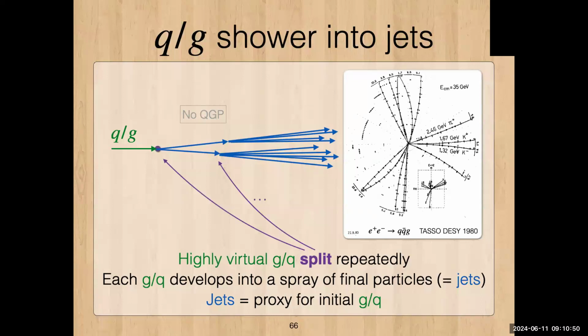This spray of particles is what we call a jet. Experimentally, jets are essentially a proxy for the initial particle. When we see a tightly packed jet, we know there was probably a quark in the beginning, and we can use this group to study its properties.